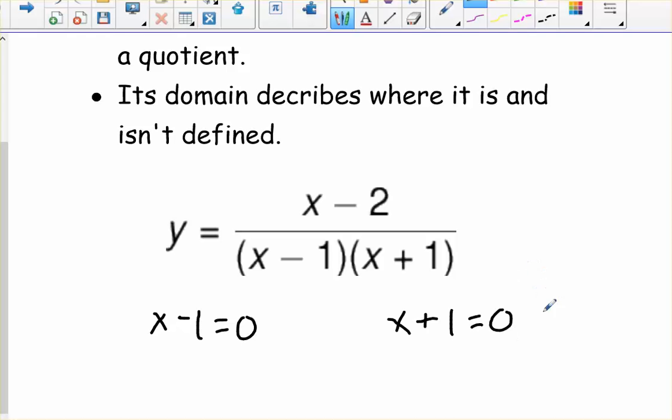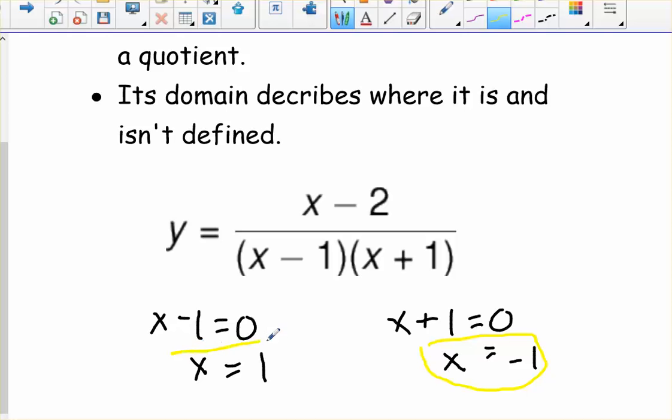We add 1 to both sides, we'll get x equals 1, and on this one we add negative 1 to both sides, we'll get x equals negative 1. So these are the places where we're going to have to exclude them from our domain.